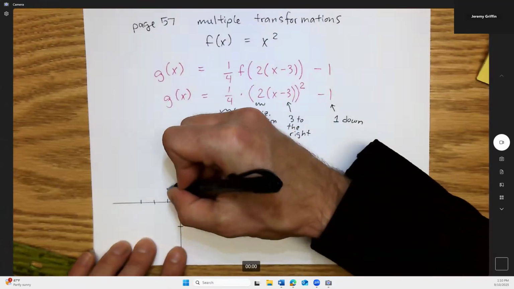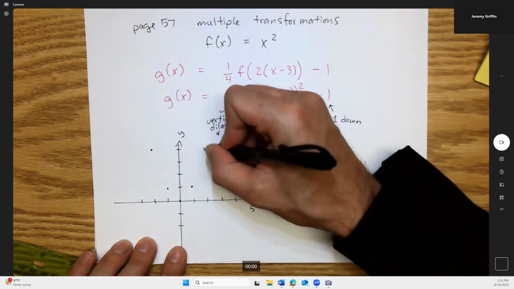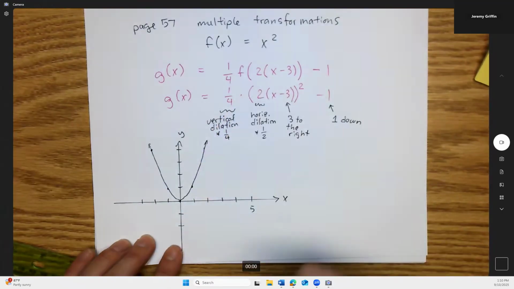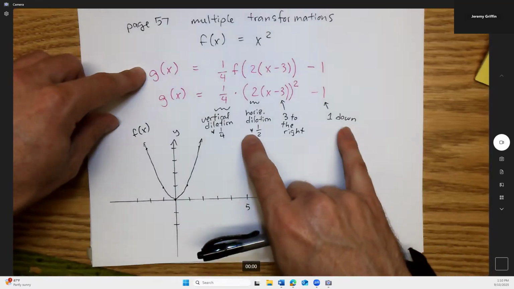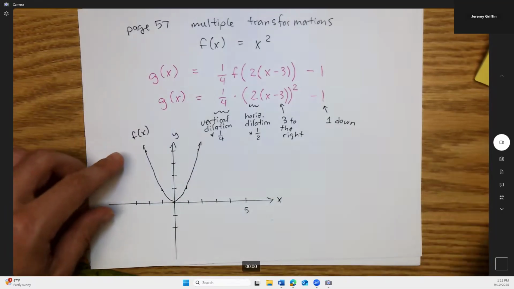So 0 squared is 0, negative 1 squared is 1, negative 2 squared is 4, 1 squared is 1, 2 squared is 4. There's my parent function, f of x, just like it's been all along. Now I'm claiming if these transformation rules are correct, I should just be able to follow these rules and everything's going to work out.